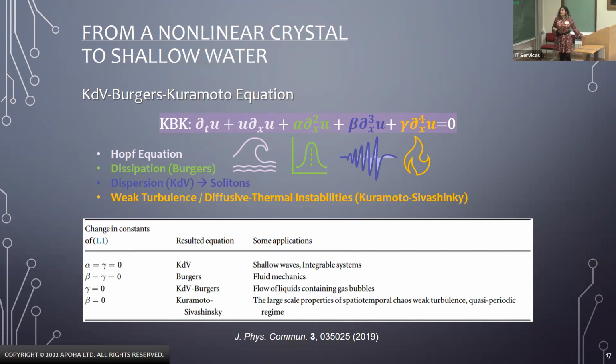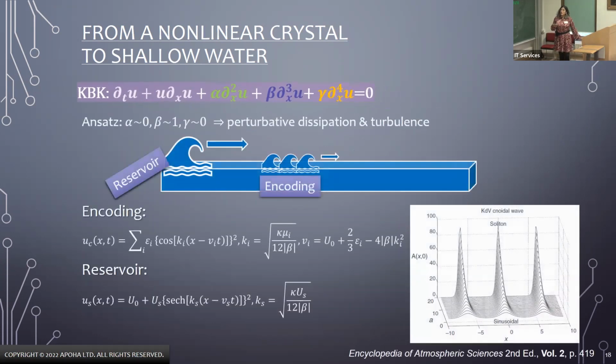The last term instead is a term able to generate a little chaos in our system, which is the Kuramoto-Sivashinsky term, referring to weak turbulence. So in a model in which we consider the dissipation and the turbulence just as perturbative, we can build our system as follows.